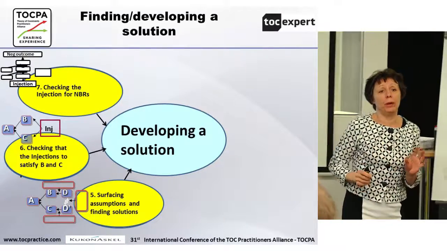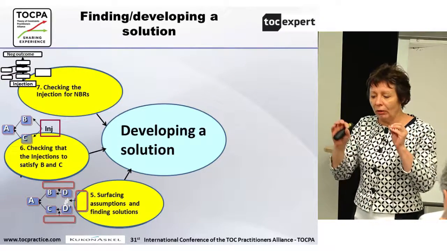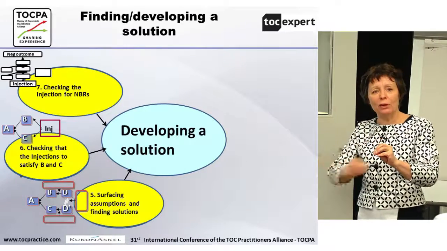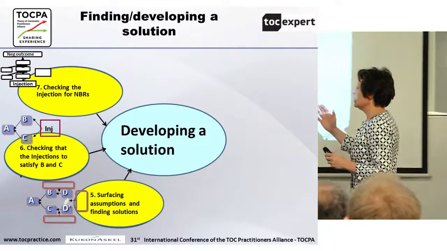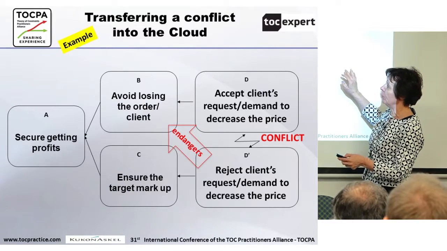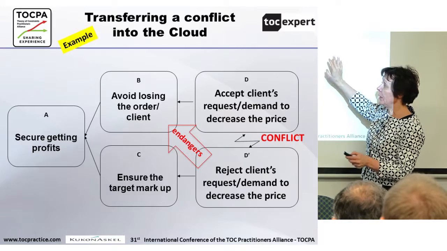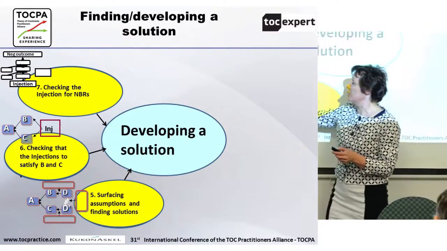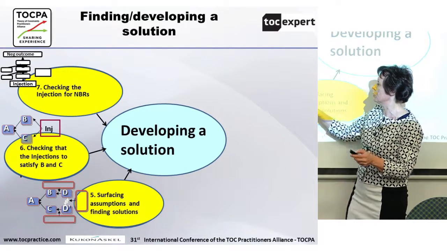This is all the work that we have to do to help people successfully pass layer 2 and layer 3. Layer 2 will be, with the previous slide, they already agree on a problem, this one. They agree that that's a problem. Here, we are helping them understand why the problem exists, and we develop the solution.